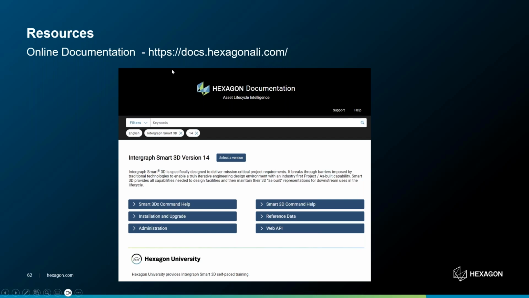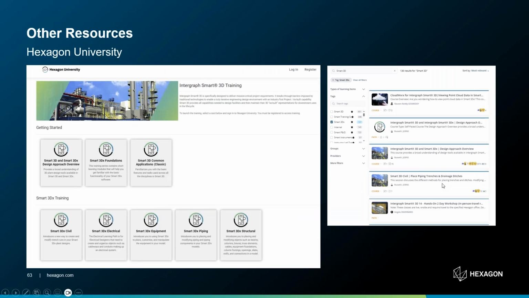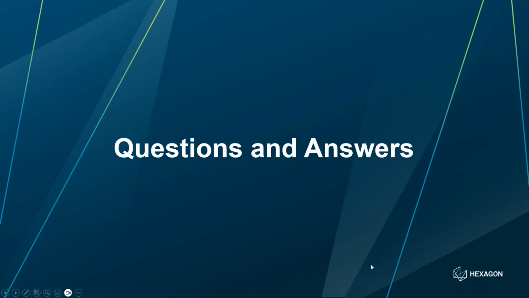There's a lot of good information here, along with a link to our Hexagon University. Hexagon University is an online resource for training materials. You can see here we have dozens of courses related to Smart 3D. And now we can go into the questions and answers part.